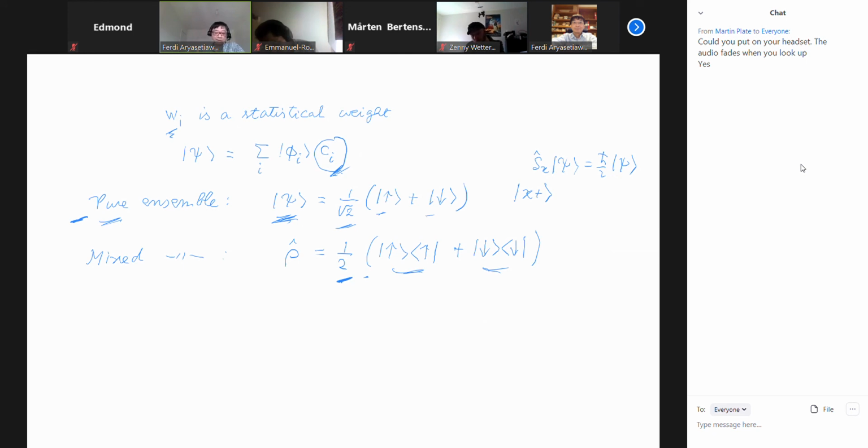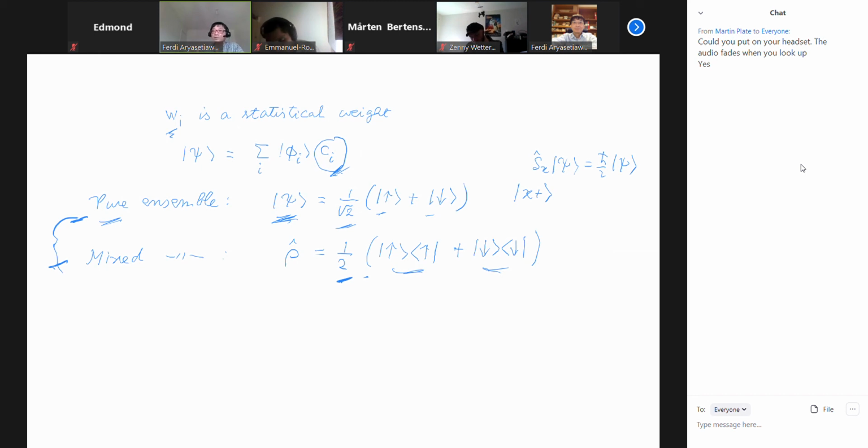And that is also the same with the mixed ensemble, because there is half of the particles in the spin up and the other half in the spin down. So obviously, if we make measurements along the z direction, we will discover that half of the particles will be in a spin up state and the other half spin down. So there's no difference between these two ensembles if we make measurements along the z direction.